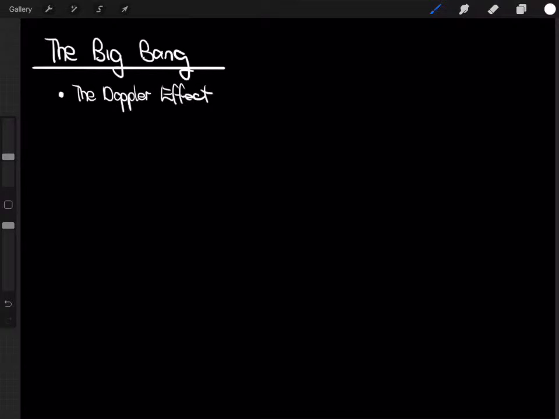Okay, so the Doppler effect is a pretty simple idea, and it's the idea that if we have an observer, someone who can register light or hear sound, and let's say we've got a distant star over here.